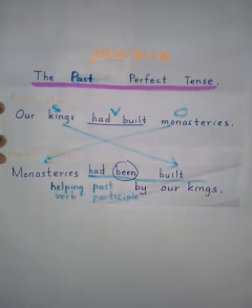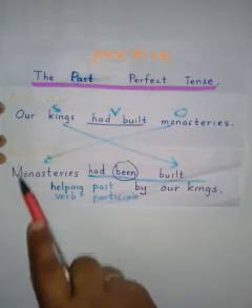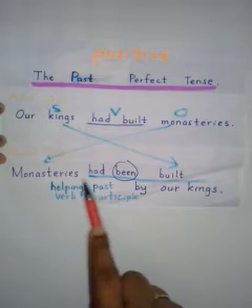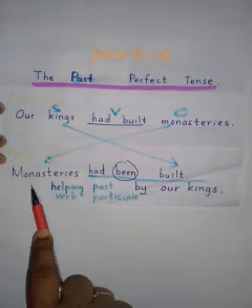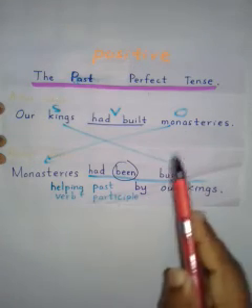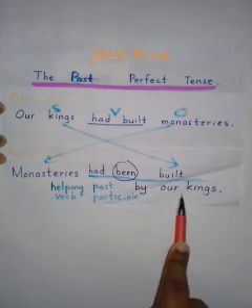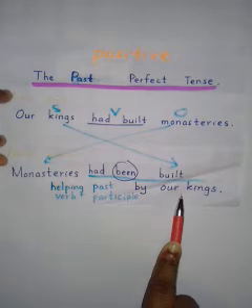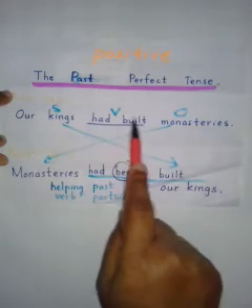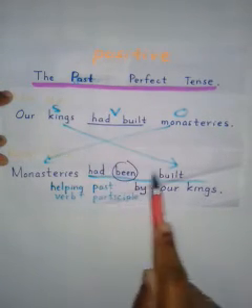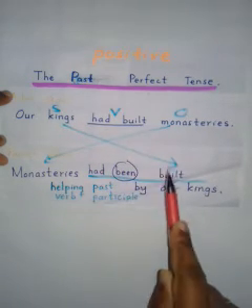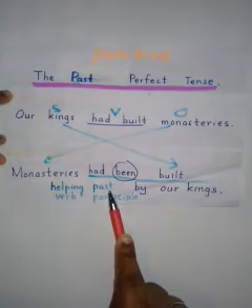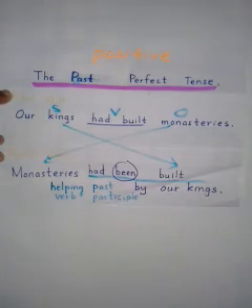Passive voice sentence: monasteries had been built by our kings. Active and passive.